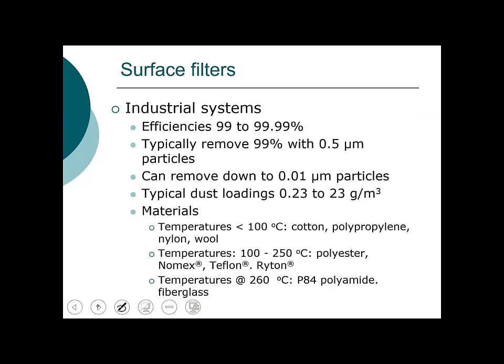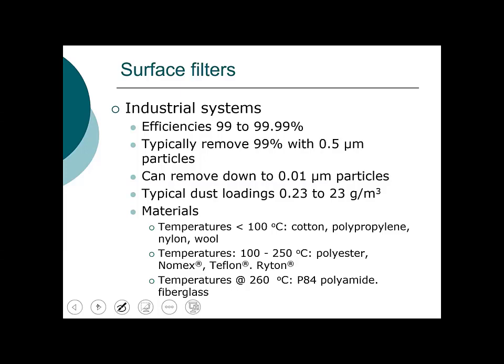Now, what we're going to focus on today are these large industrial filters. These have efficiencies somewhere between 99 to 99.9% efficiency. Typically, you're looking at about 99% removal at a 0.5 micron size particle.